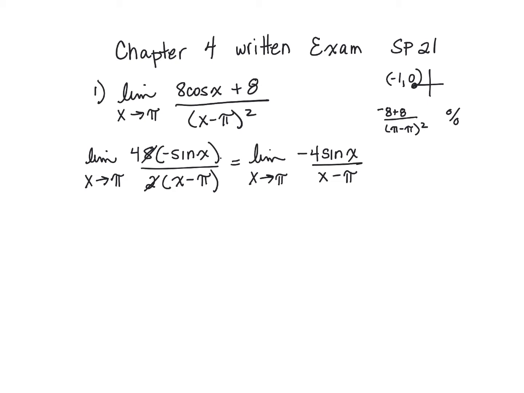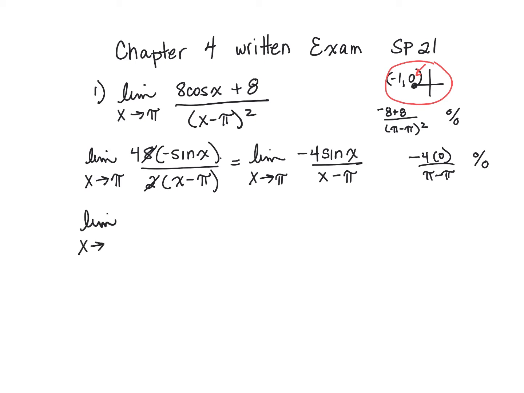Again, if I use this, we notice that sine of pi is 0. So we get -4 times 0, and pi minus pi is 0, and we end up with the form 0 over 0 again.